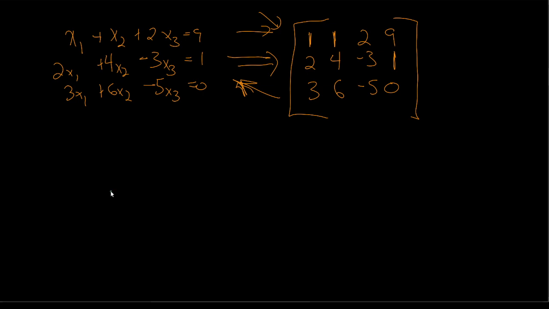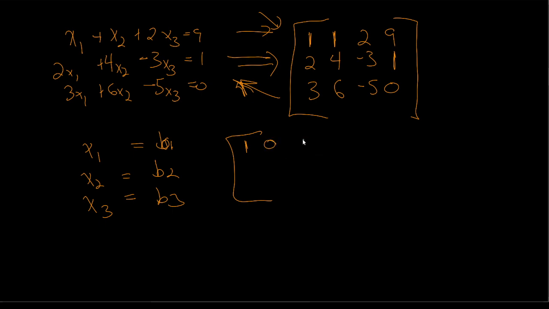What would be nice is if I had x1 equals an answer for it, so for right now we'll say that's b1, x2 equals b2, and x3 equals b3. That matrix would have 1 for x1, 0 for x2, 0 for x3, and b1. It would have 0 for the next equation, 1, 0, b2, and 0, 0, 1, b3.